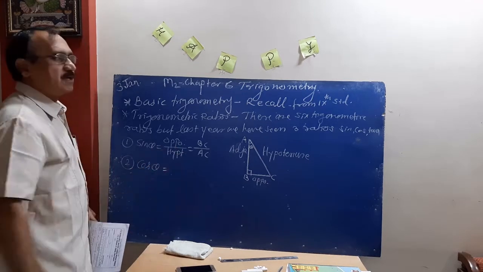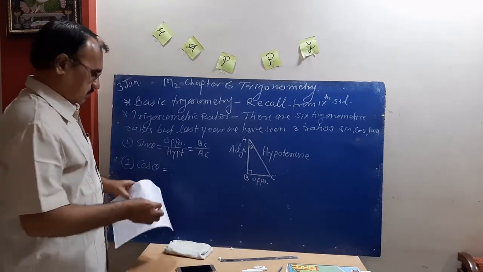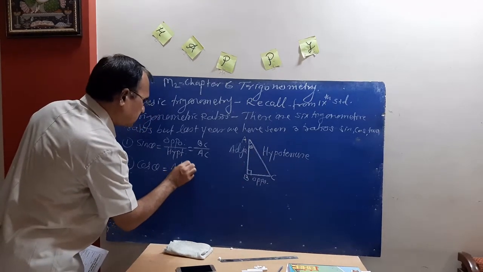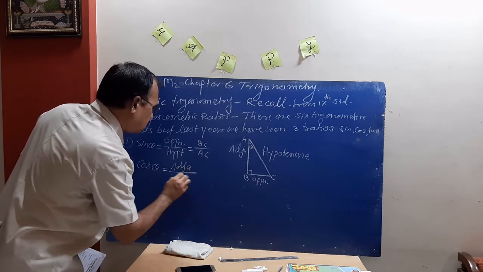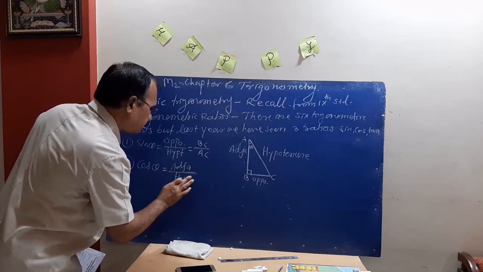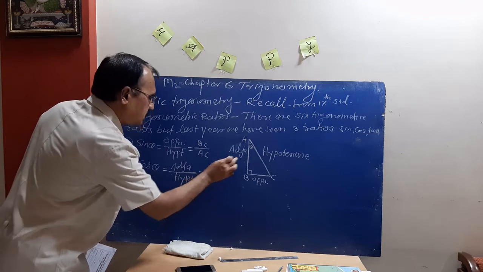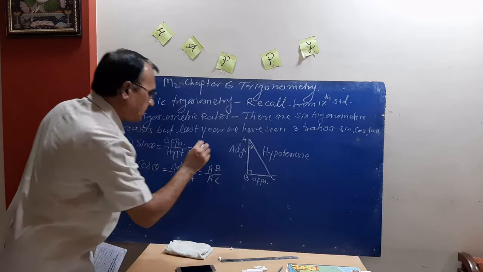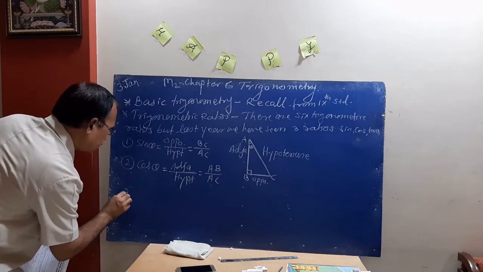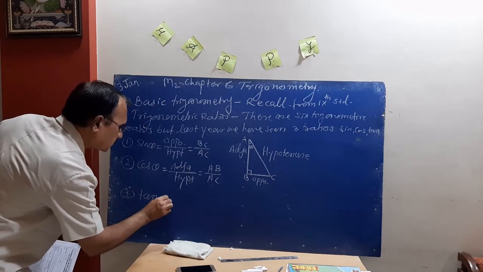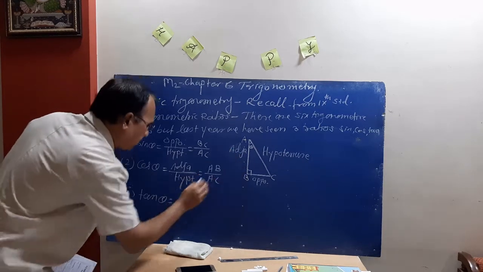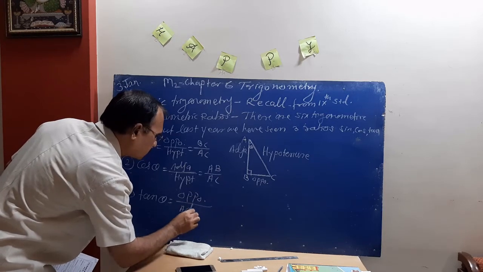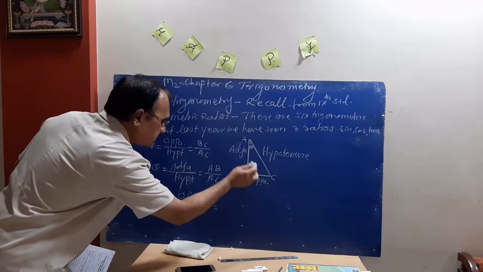Then next one is cos theta. Adjacent side upon hypotenuse is equal to AB upon AC, and then tan theta, opposite upon adjacent, means BC upon AB.